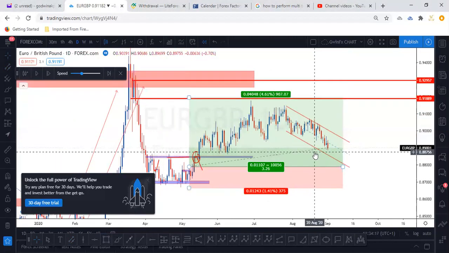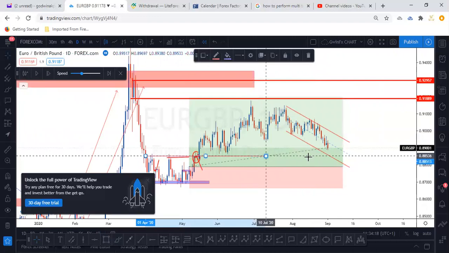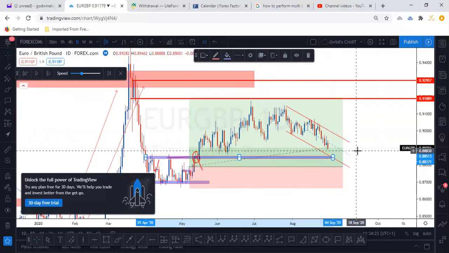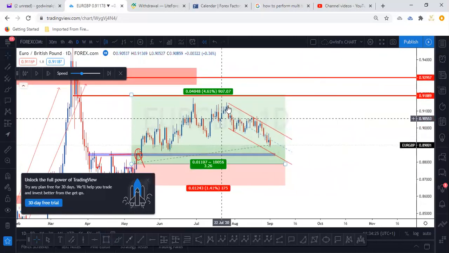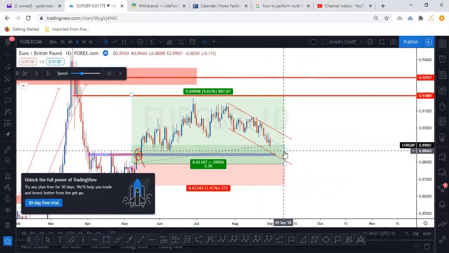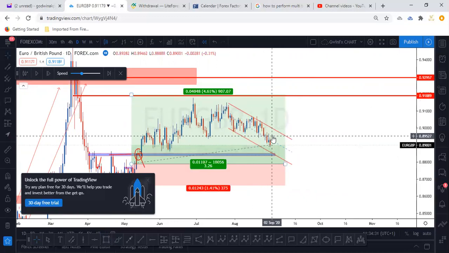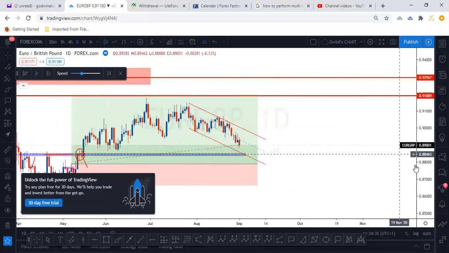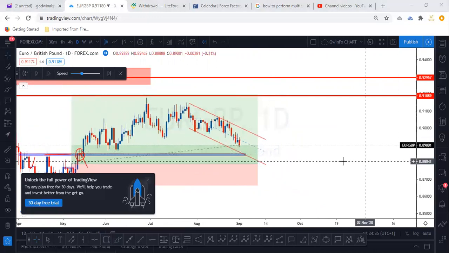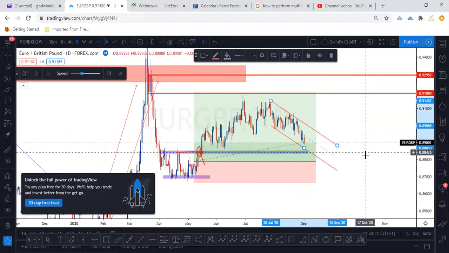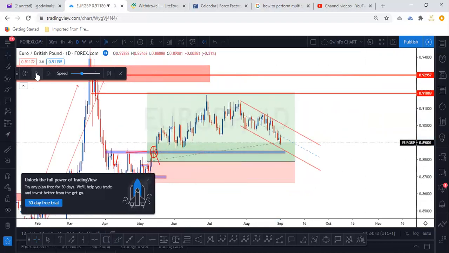So we can as well look for reasons to add position now, because this is a falling wedge and is a bullish reversal structure. So we want to wait when price will hit this low. We can then add to our position, which we had before. So we wait for price to hit that structure back.